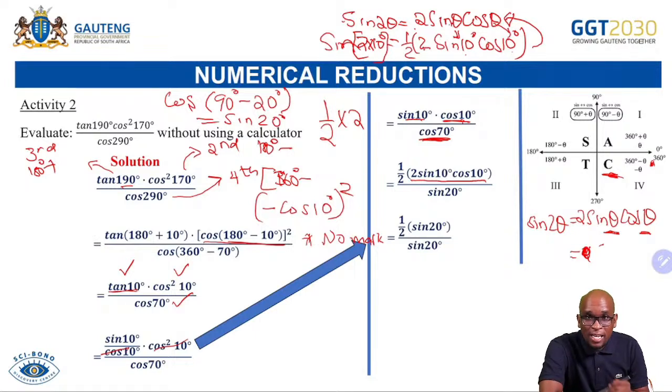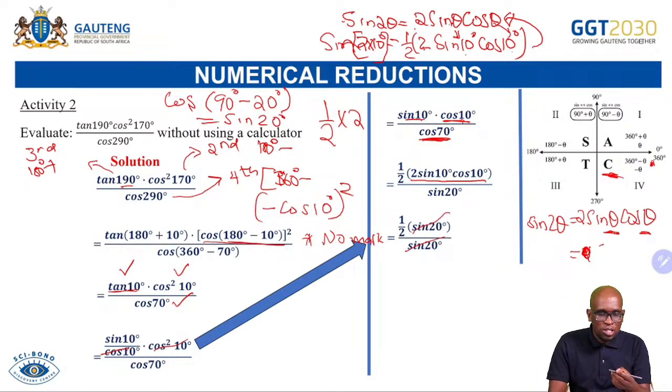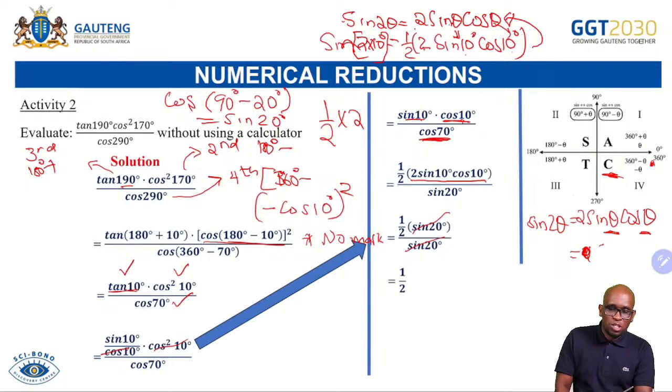It's double the angle. The angle is 10. We've doubled that. So sine 20 and sine 20 are going to divide out. We'll be left with half as our solution. So that's how you were supposed to go through that particular problem.